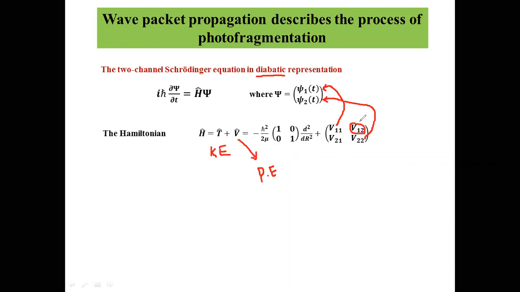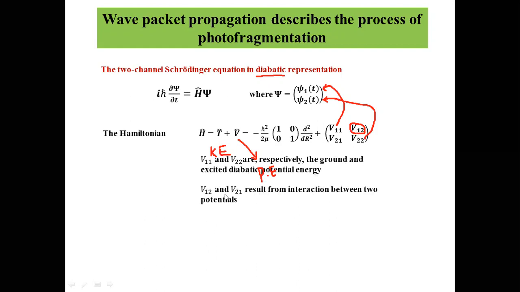So that is the coupling term, and V11, V22 are the ground state and excited state potential energy surfaces. And the off diagonal terms V12 or V21 result from the interaction between the two potentials. Those you can think of as the spin orbit coupling, right?